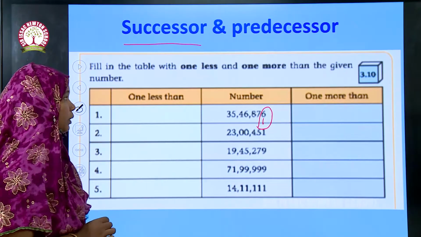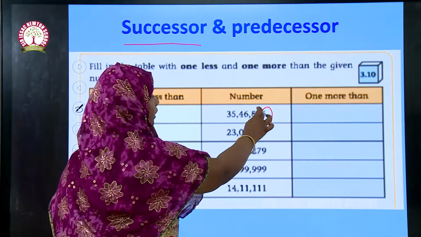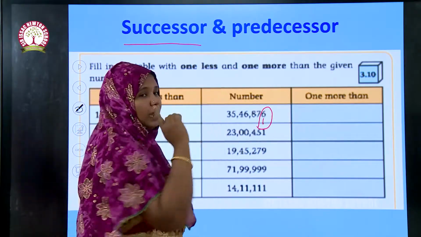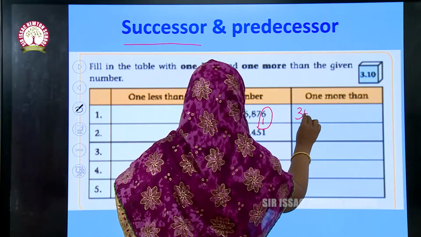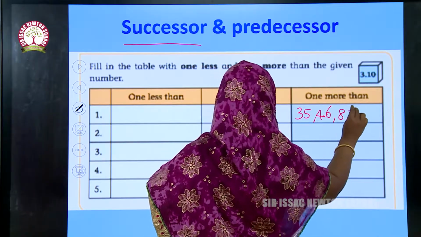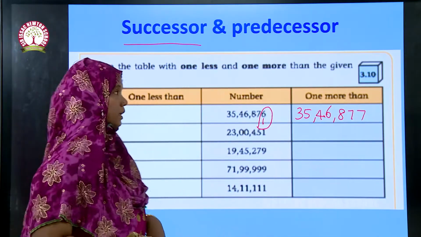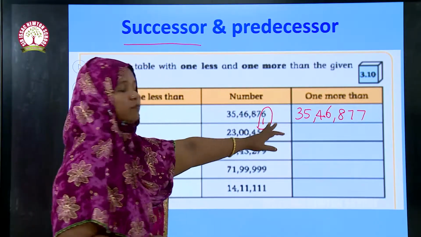When I add 1 to 6, it becomes 7. So 35 lakhs 46,877 is the successor. That is the after number.